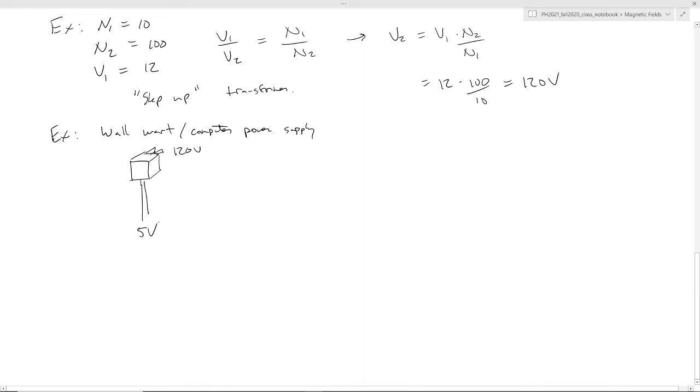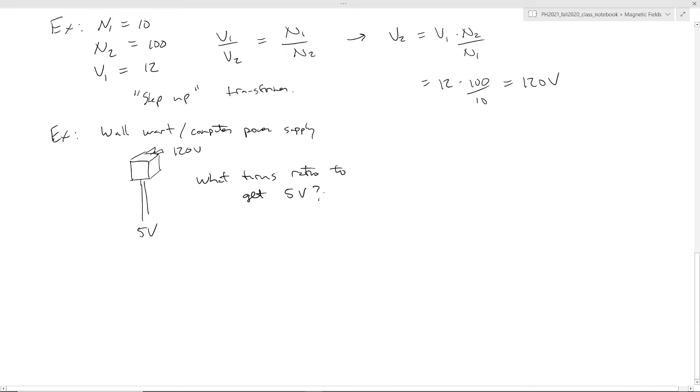If you look at your computer power supply, it may have multiple windings, or it's probably a more complicated circuit that has solid state voltage conversion in it. But for the sake of example, assume it's a 5 volt supply, or we're looking at one of the 5 volt windings. You can ask, what turns ratio would you need to get 5 volts?